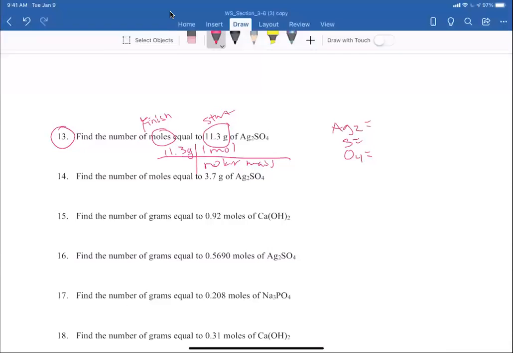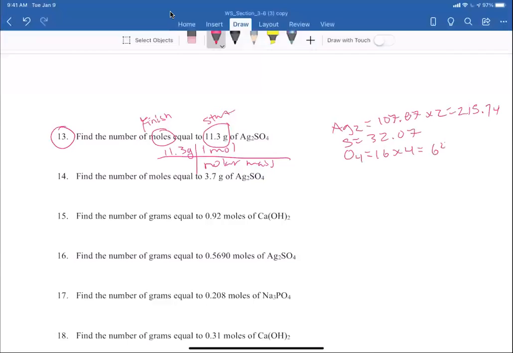Ag is silver. That's 107.87. We're going to multiply that by 2. S is 32.07 and O is 16, and we're going to multiply that by 4. So I'm just going to do it in my iPhone calculator to go faster. 107.87 times 2, we get 215.74. 16 times 4, I believe, is 64.